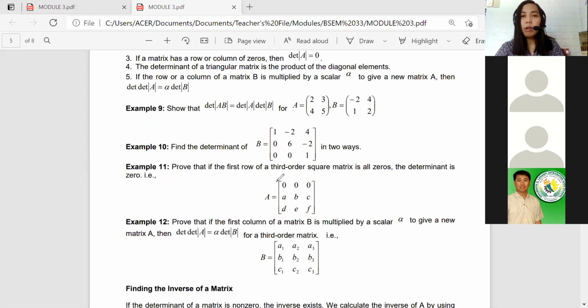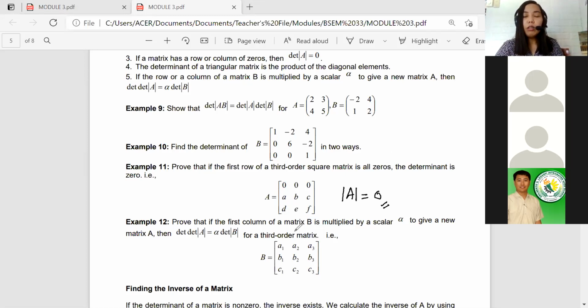Positive, negative. Minus 0, whatever the answer is here, multiplied by 0, still 0. Okay? Same here, class. So, what it means is what I said earlier: if any of the row or column are zeros, the determinant of that matrix is 0. Okay? So you can try this. We will not show it anymore.